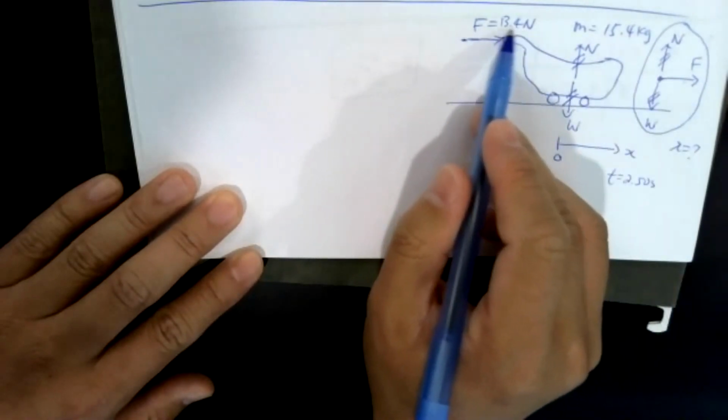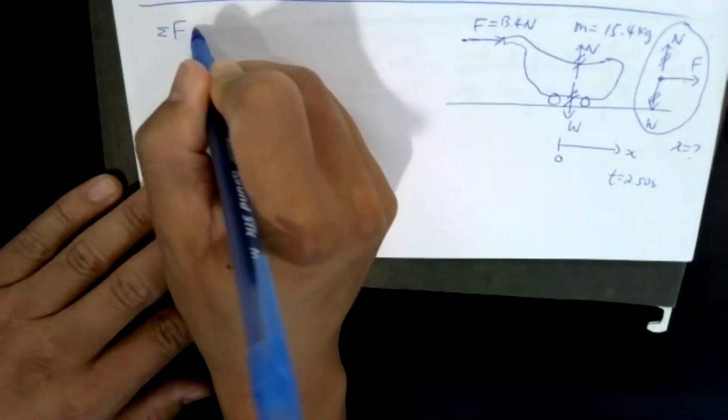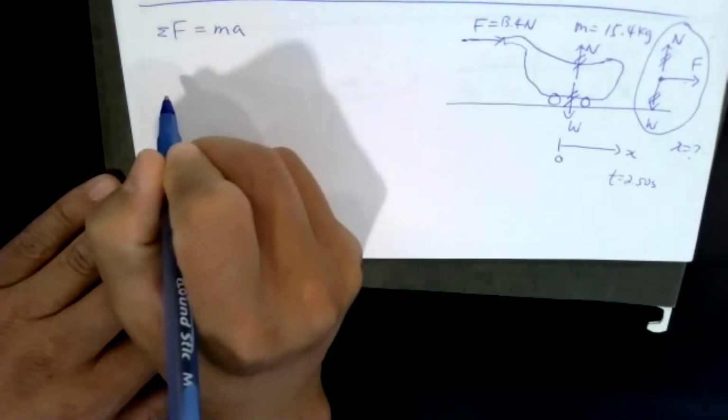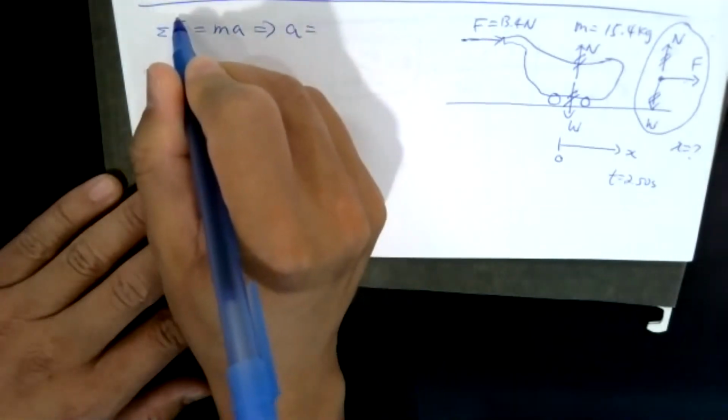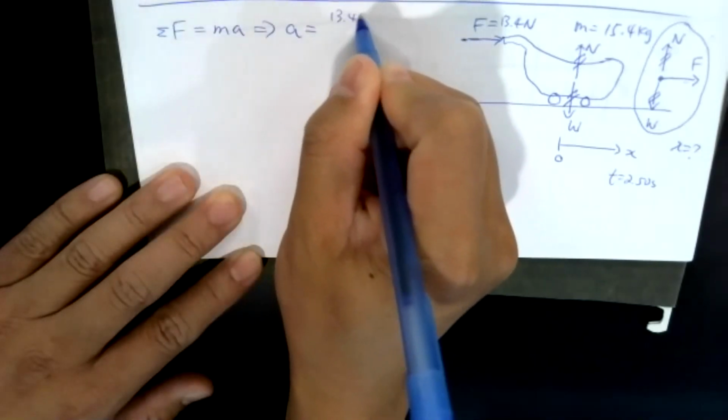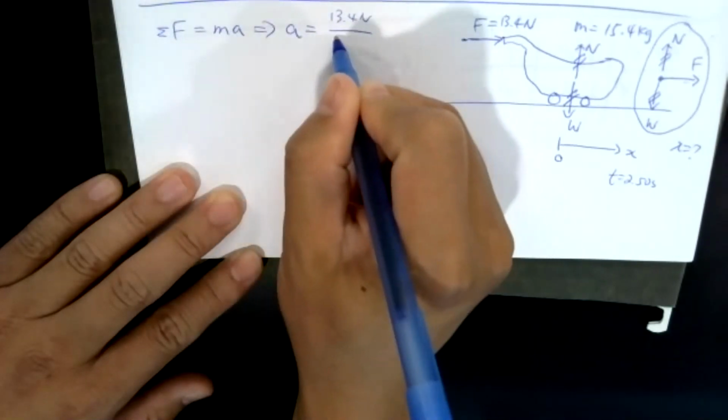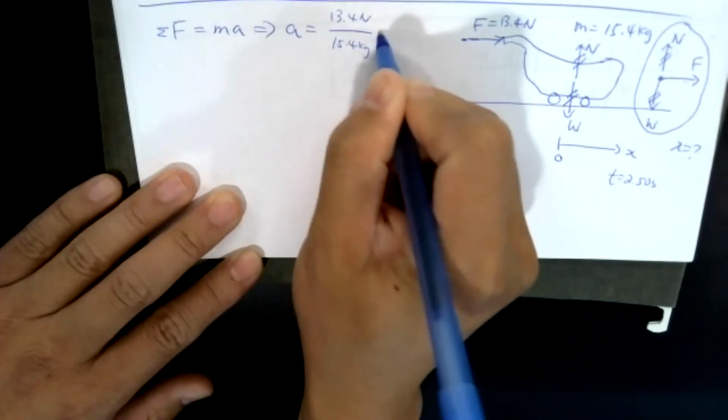And then you see from the free body diagram, this pushing force is your net force. It says the friction force is negligible. So then that's your net force, okay? So you can see net force equals mass times acceleration. So from there, you can figure out your acceleration, because net force is 13.4 over the mass of 15.4 kilograms, okay?